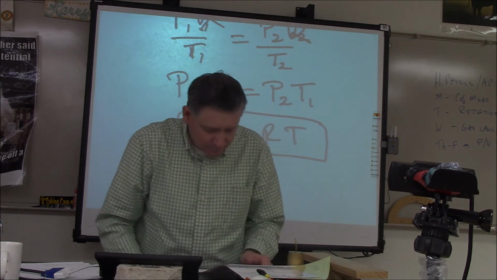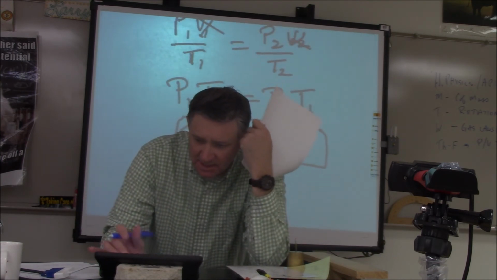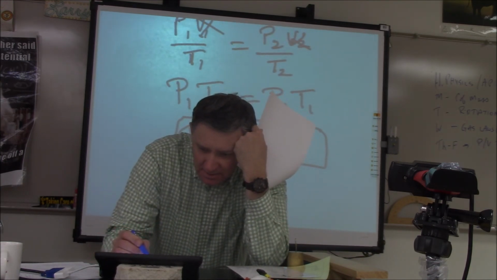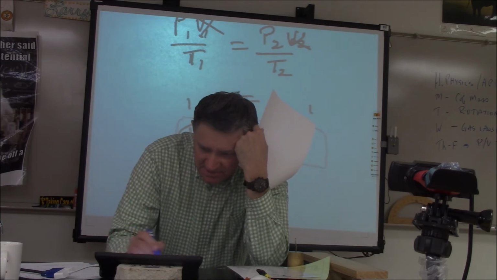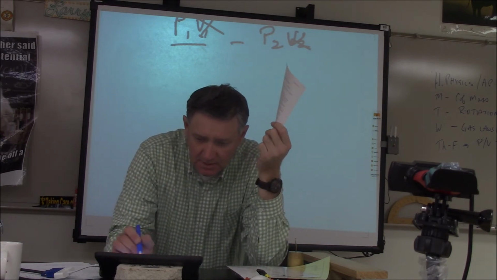Now, down at the bottom of this sheet, I've got these handy-dandy equations. And let me do a little bit of erasing here. This has to do with this concept of thermal expansion.